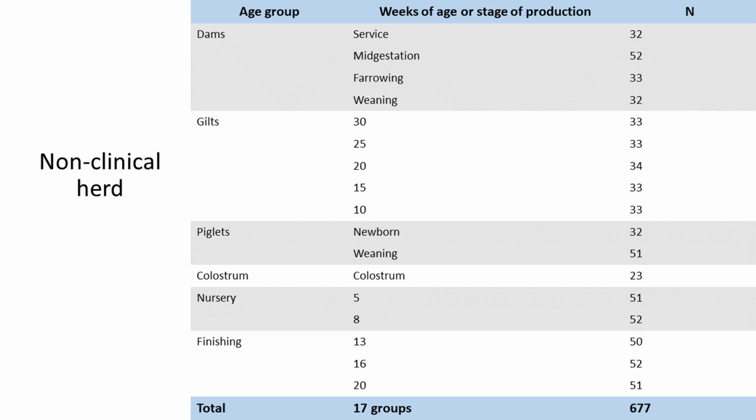We went back in that GDU, found replacement gilts at 10, 15, 20, 25, and 30 weeks of age. Then we looked at those newborn and weaning piglets. We recorded 23 colostrum samples, and then we tried to fill those age gaps we didn't get in the clinical herd. So we got nursery pigs at 5, 8, those finishing pigs at 13, 16, and 20 weeks of age, with a total of 677 samples.